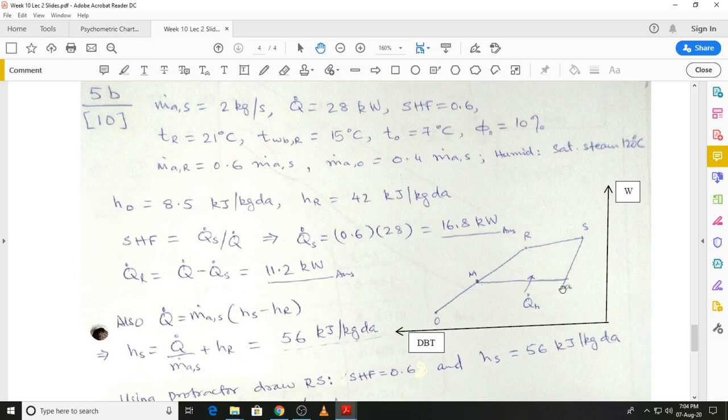That is from M to this point A, that is shown the heating, sensible heating, and the rate of sensible heating in this solution is shown by Q dot H. And from A to S, there is humidification by spraying steam at 120 degrees C, and then we achieve the desired supply state, that is state S.